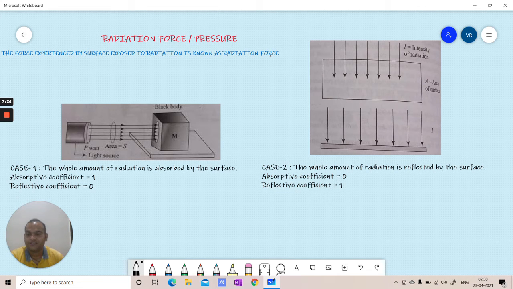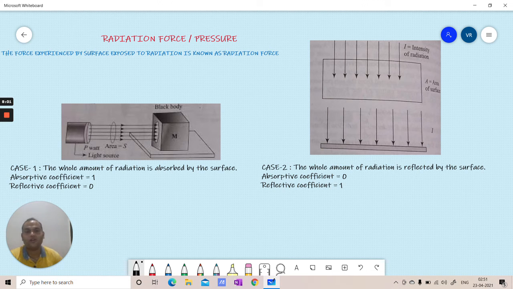Now consider that there is a light source with power P. It is throwing light on a black body of surface area A. We all know black bodies absorb all the light. They emit also, but when the temperature of the surrounding is lower as compared to their temperature, then they emit all the energy.